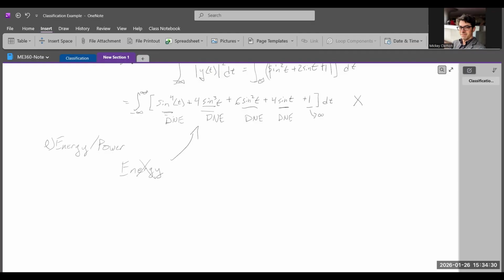So is it a power signal? So for a power signal, we're going to divide this by 2 periods, and we're just going to integrate it over 2 periods. So from minus t to t of the energy equation itself. So that's the square, the absolute value of the function.